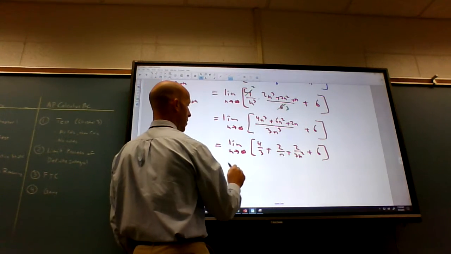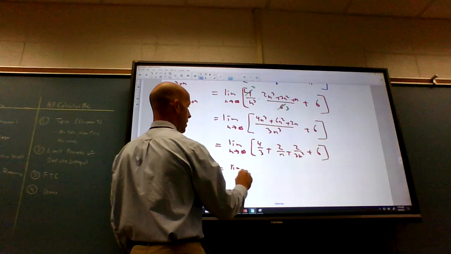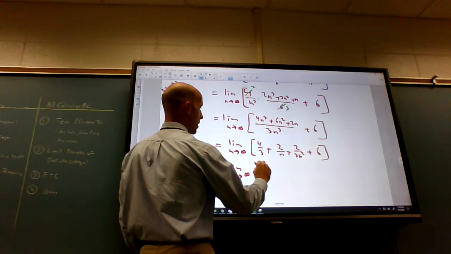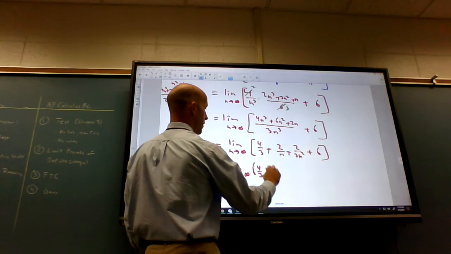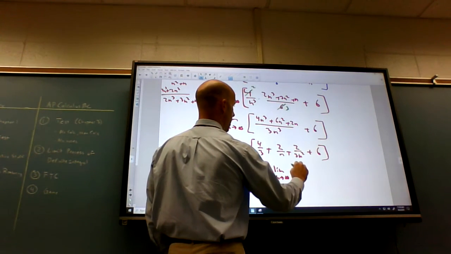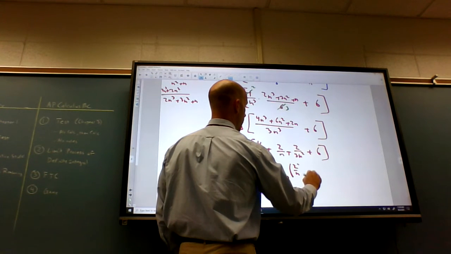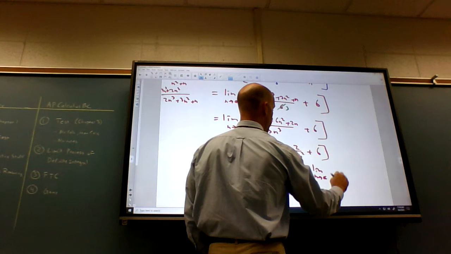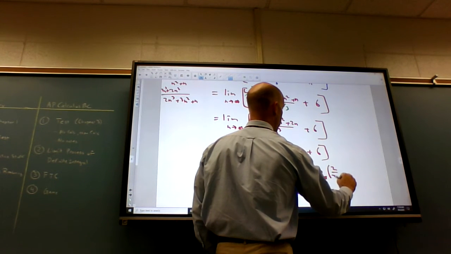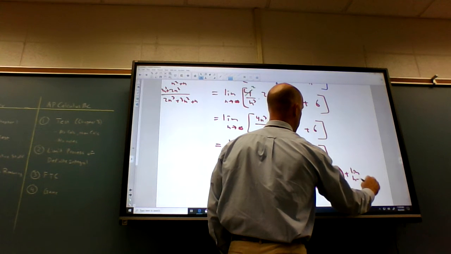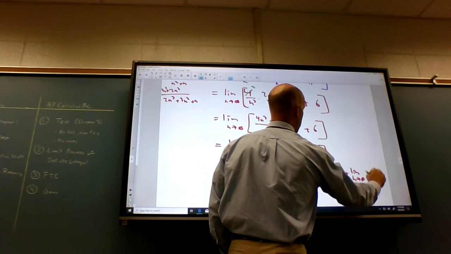Now, I'm going to break these into individual limits. We do the limit as n goes to infinity of 4/3, plus the limit as n goes to infinity of 2 over n, plus the limit as n goes to infinity of 2 over 3n squared, plus the limit as n goes to infinity of 6.